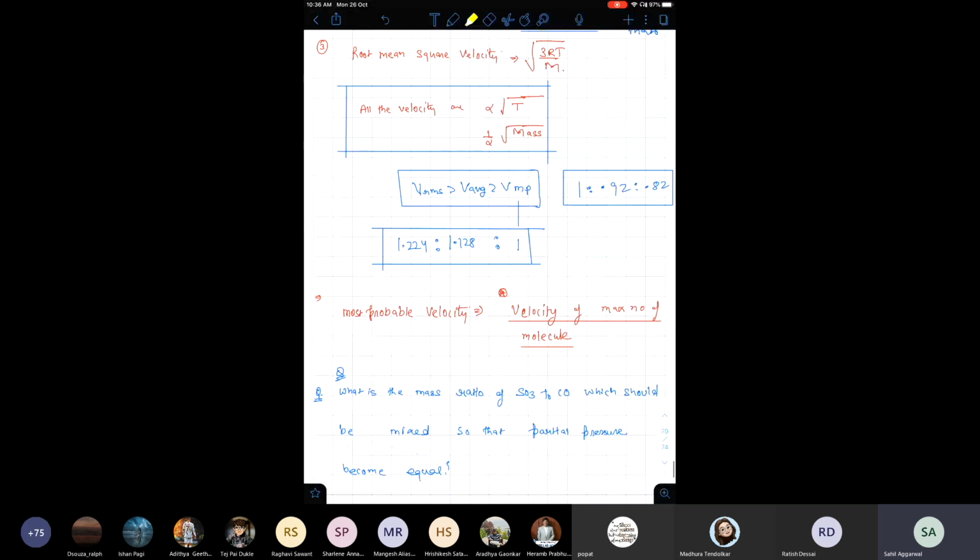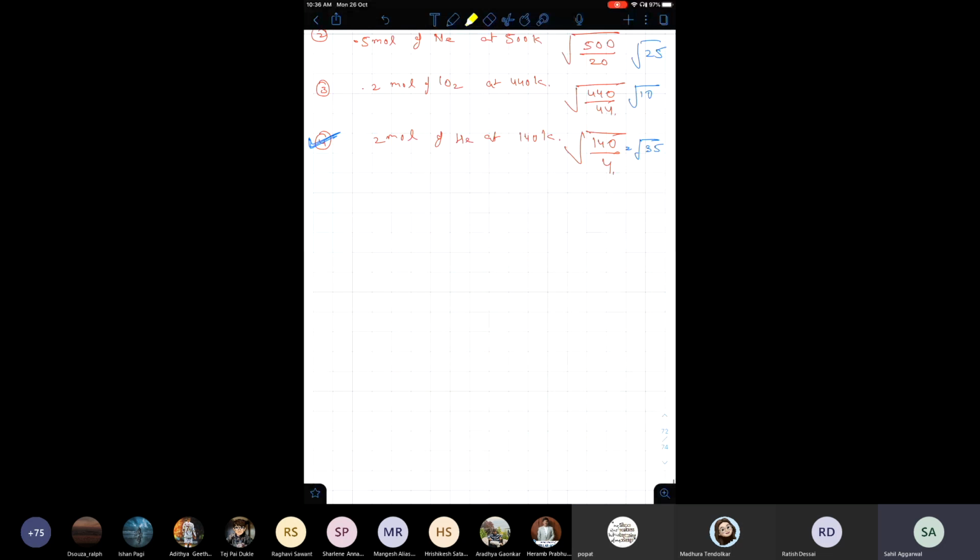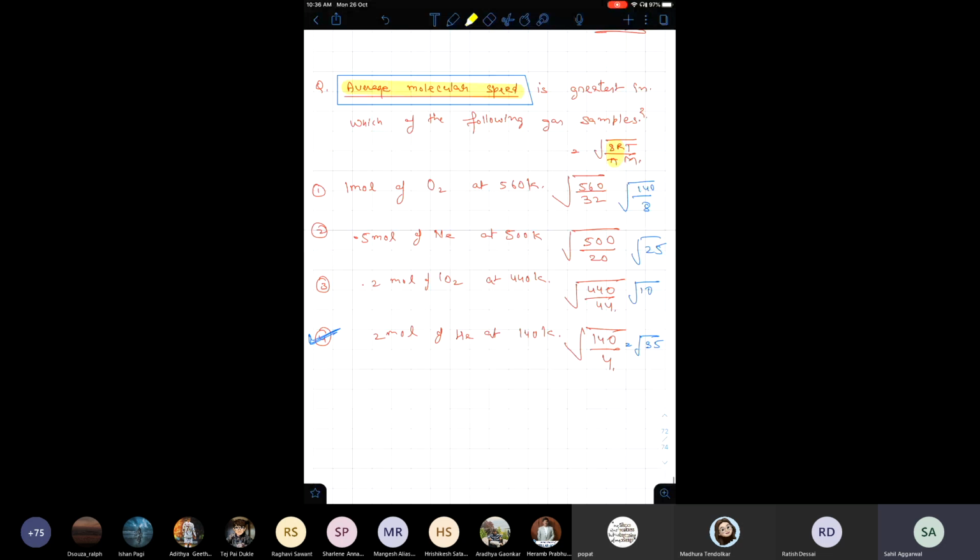Now, if you want to relate them, what we will do, we will calculate the value of T by M in all the cases. Because that is the only thing which is varying, which is changing. We will calculate T by M in all the cases, and we will see which has maximum value. The one which has maximum value will be our answer. Okay.